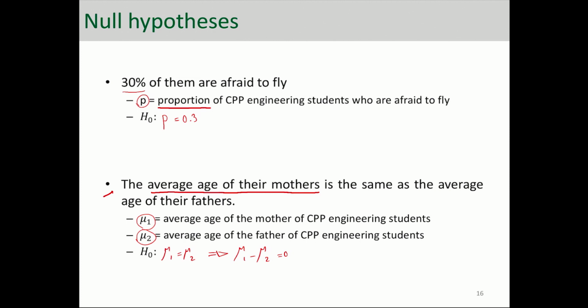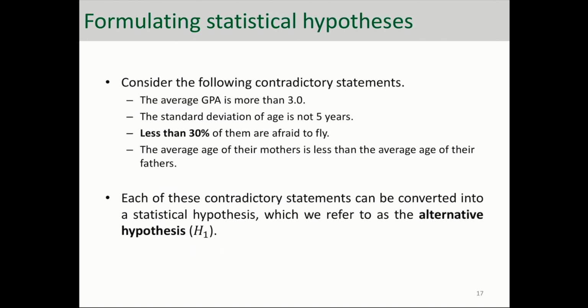Now, in order to formulate the hypothesis testing further, you probably have some contradictory statements in mind, right? You probably have in mind that the average GPA of the students is more than 3.0, or the standard deviation is not 5 years, less than 30% of them are afraid to fly, and the average age of mothers is less than the average age of the fathers.